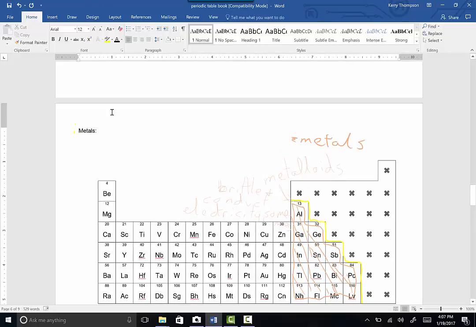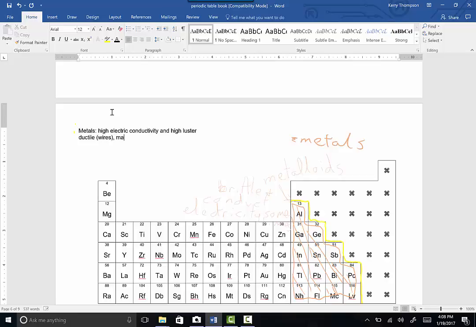So these are all metals, which means they have high electric conductivity and high luster, which means they're shiny. They are also ductile, which means you can make them into wires.